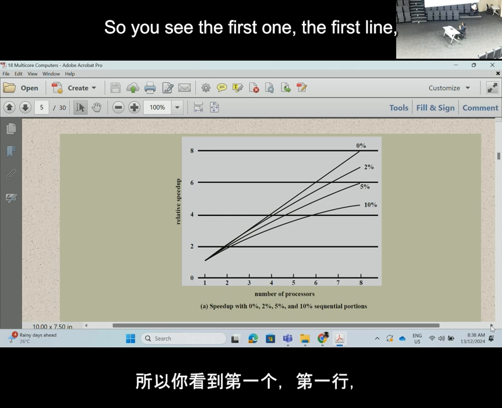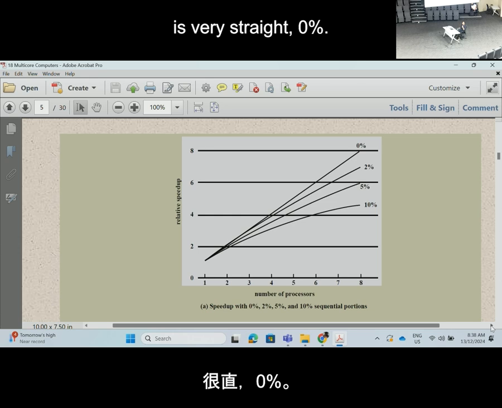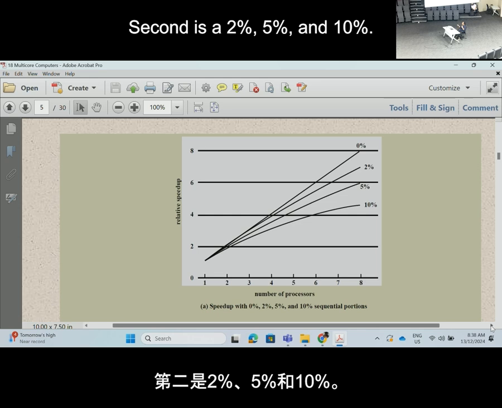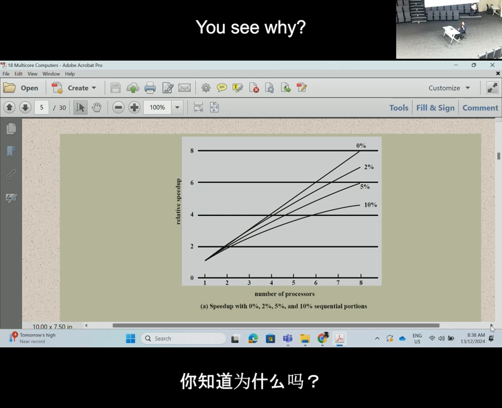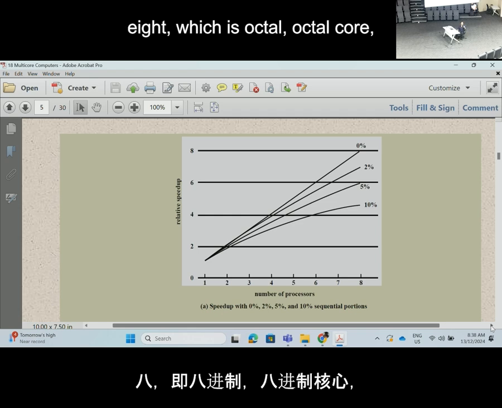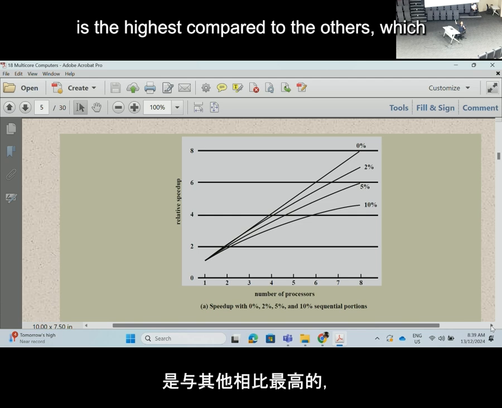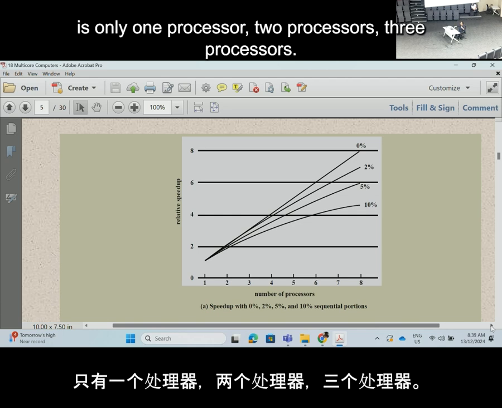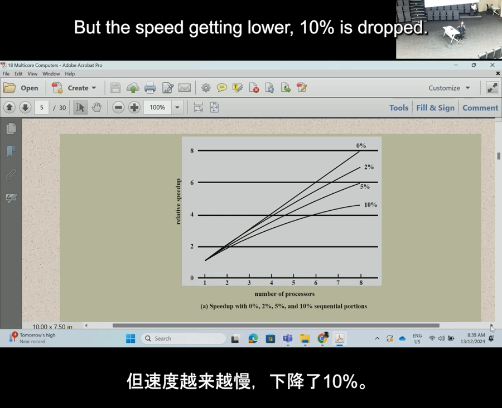You see the first line is very straight, 0%. Second is 2%, 5%, and 10%. You see, why? Even the highest spec, multi-core, which is octal core, is the highest compared to the others, which are only 1 processor, 2 processors, 3 processors, but the speed is getting lower. 10% has dropped.